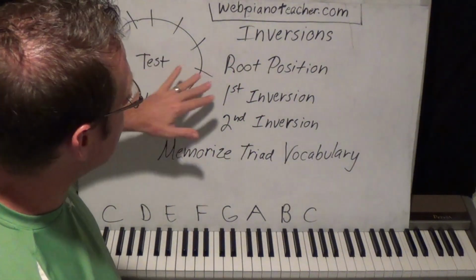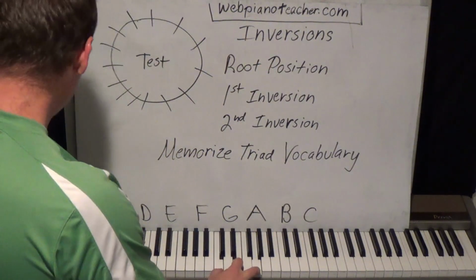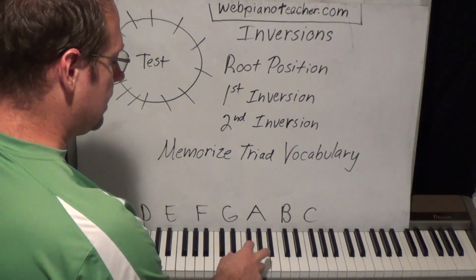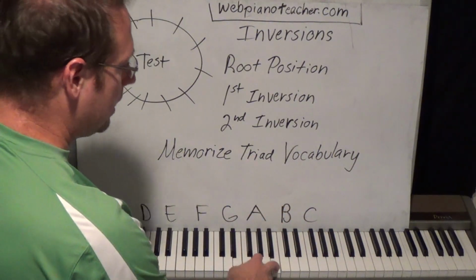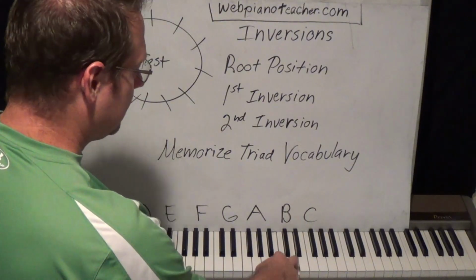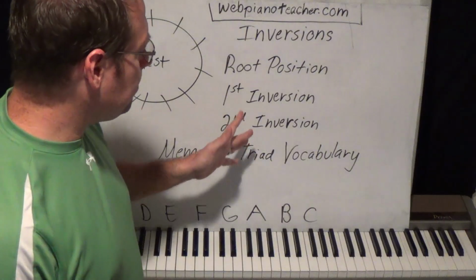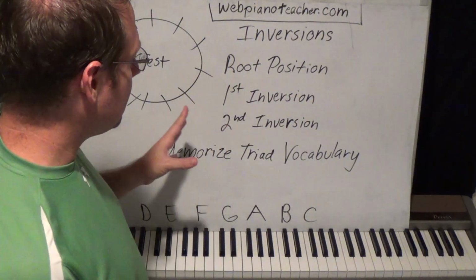We have a little bit of a test, and then we're going to start learning inversions, of course, because we did learn the chords in different keys. I'm just going to do the key of C for example: C, E, G; D, F, A; E, G, B; F, A, C; G, B, D. All right, we can all name a chord that way. And that's called root position. But there are other ways that a chord can be played.